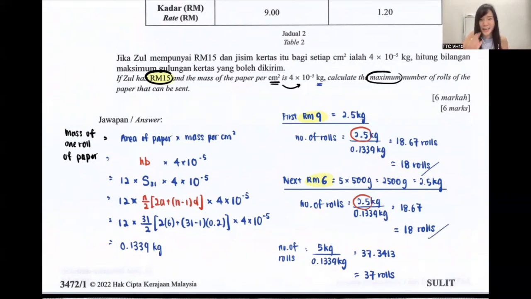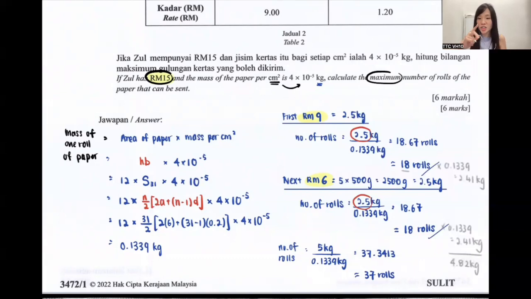For those who are not too sure, I can double check for you. 18 rows, 18 times 0.1339, actually only uses 2.41 kg. Here also times 0.1339, 2.41 kg. So 2.41 kg plus 2.41 kg, in total I only use 4.82 kg.